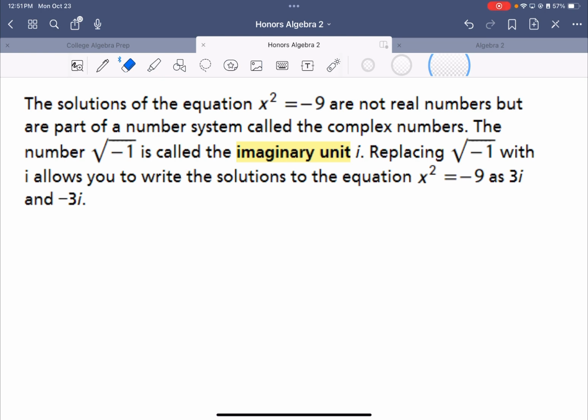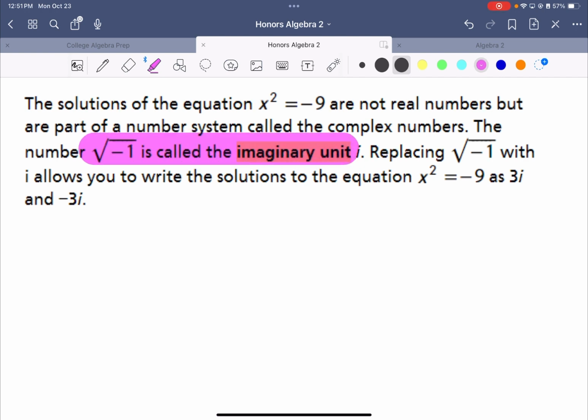So they have to go out and prove that these things actually work and they're actually needed. And obviously, the square root of -1 is something that is needed out there. So they come up with this. The square root of -1 is called an imaginary unit. Okay, so for your notes, the square root of -1 is an imaginary unit.